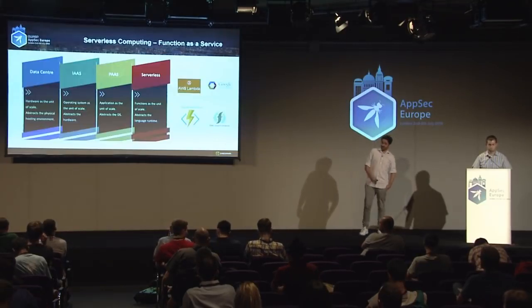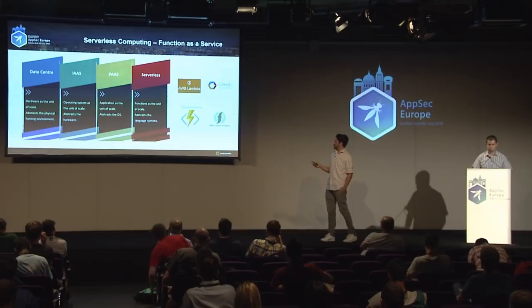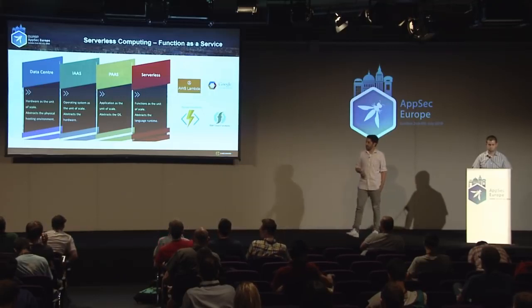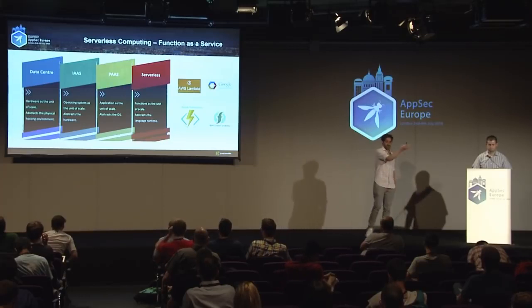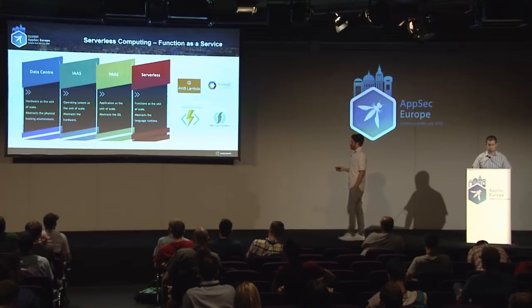So starting off, in the past we had data centers. Hardware was the unit. The abstract material was actually the physical hosting environment. So you had a computer, a server in a hosting environment, and that was your server.